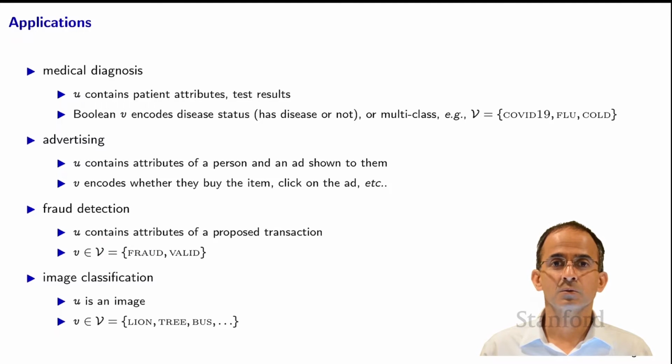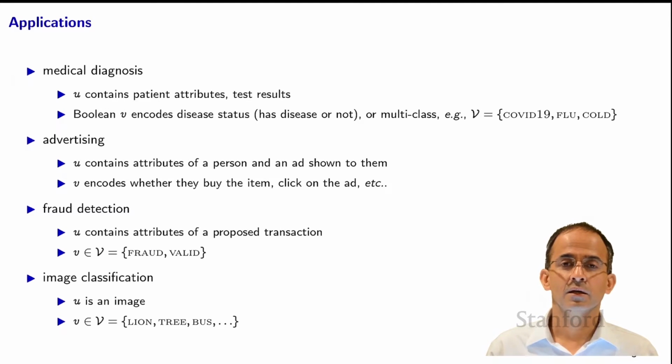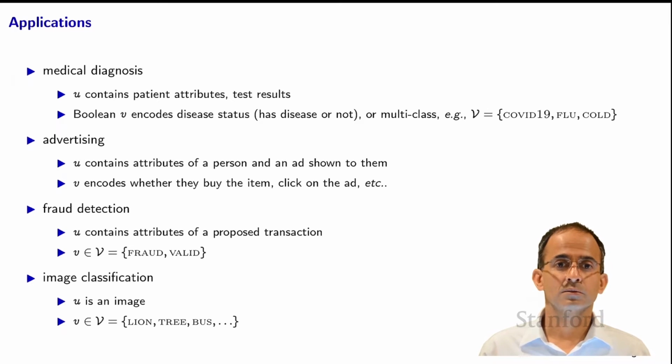Was it in person? Was it over the phone? Was it online? What kind of credit card was it? Was it international? And then the categories that V can be are either that it's a fraudulent transaction or that it's a valid transaction.